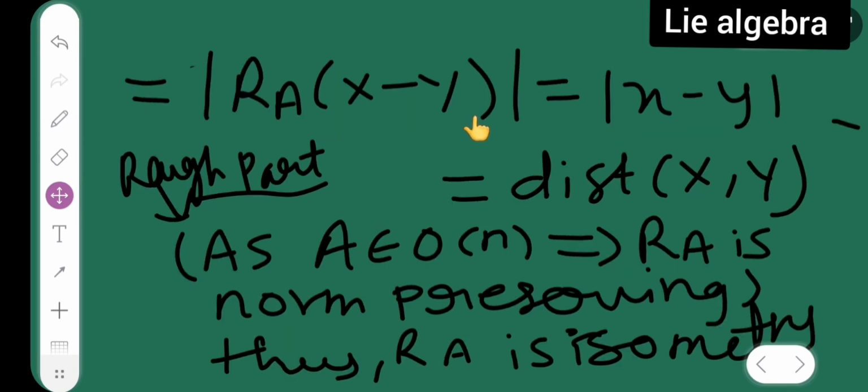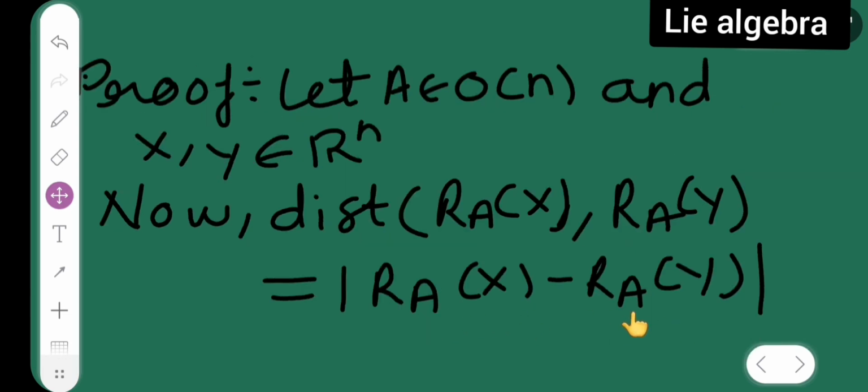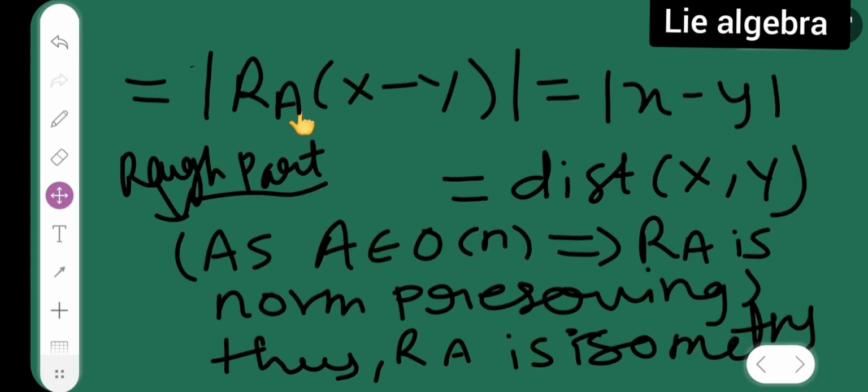Next is R_A of x minus y. Okay, so this I have taken, R_A is common, so I have taken it this side, then x minus y. So R_A of x minus y, I am writing as modulus of x minus y. Now this is written as distance of x comma y.